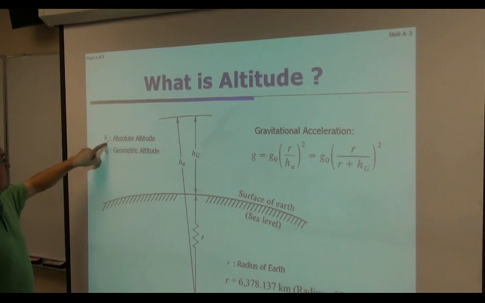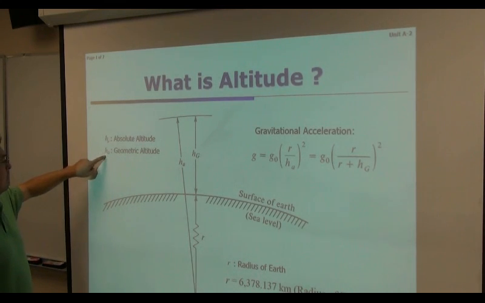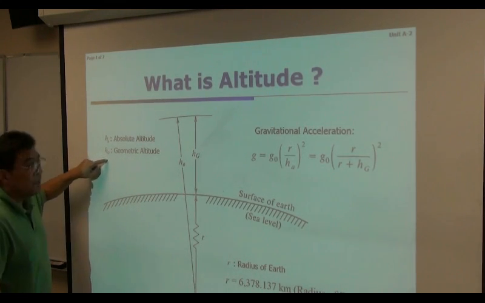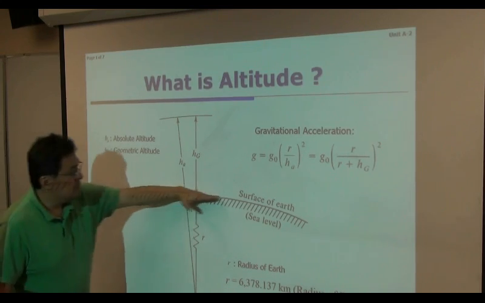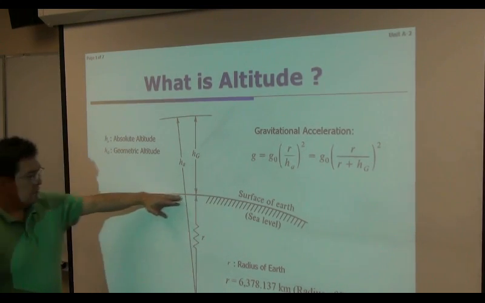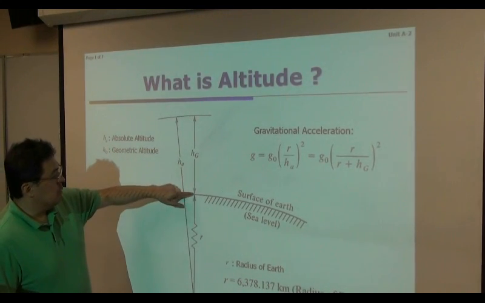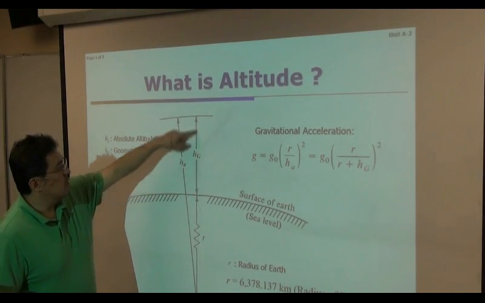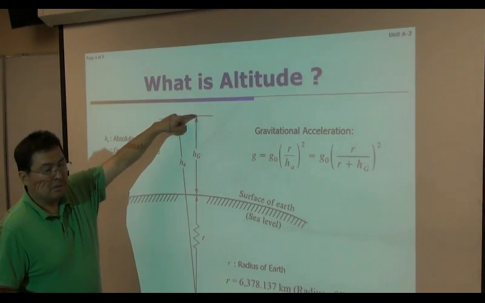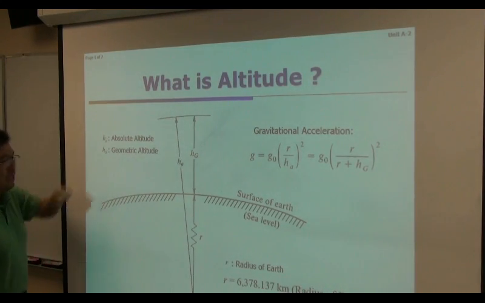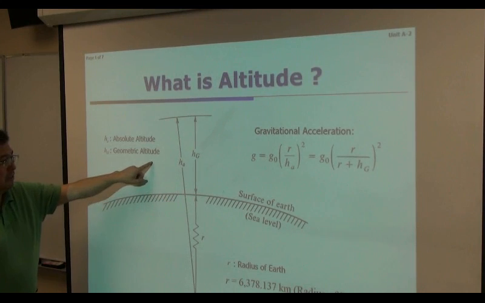So instead of using absolute altitude, we are going to employ geometric altitude, which is basically measured from the surface of the Earth, usually sea level. Then you measure the distance to that location of altitude. This is called H sub G, geometric altitude.